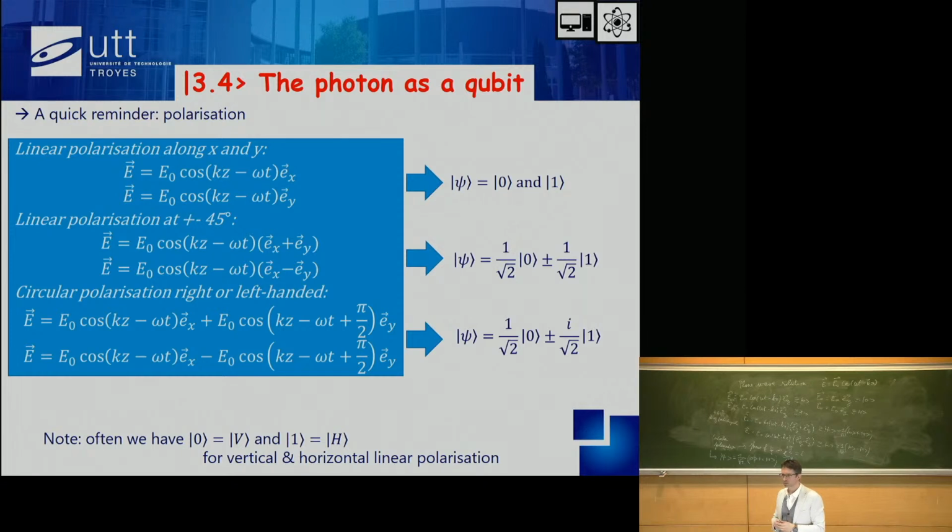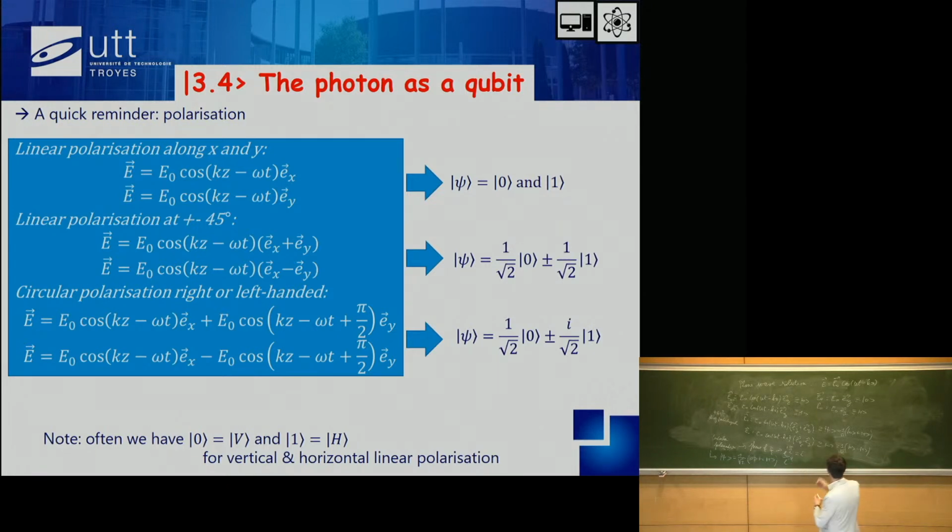A quick note: if you start to look into books and the internet and so on, people use 0 and 1, but physicists like me like to use V and H to represent them.